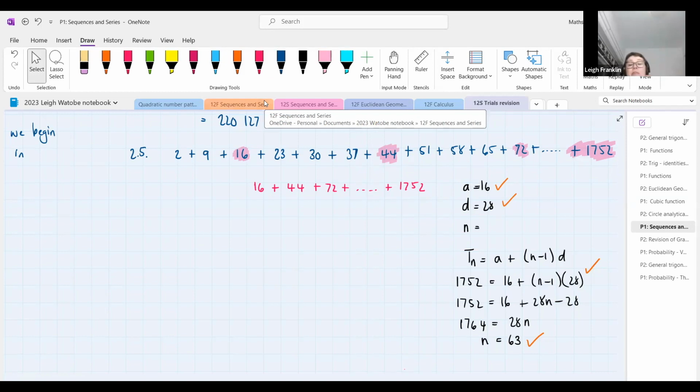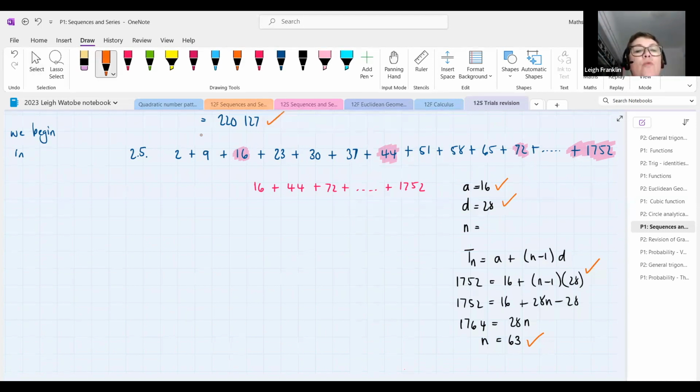Theoretically, we didn't need the 72. All we needed was the 16 and the 44. And from that, we could have established that A was equal to 16 and D was equal to 28, because that's really all we needed. So I think perhaps here, I kind of wasted our time a little bit.